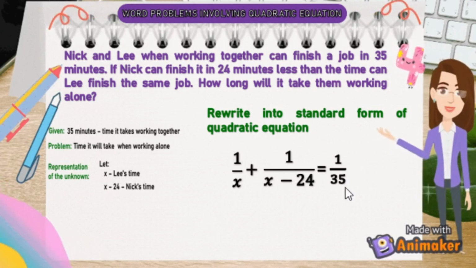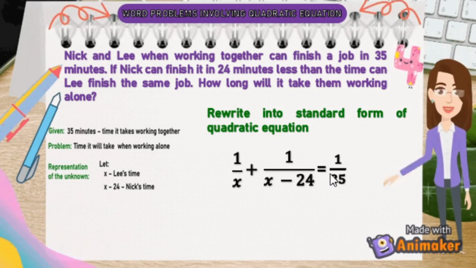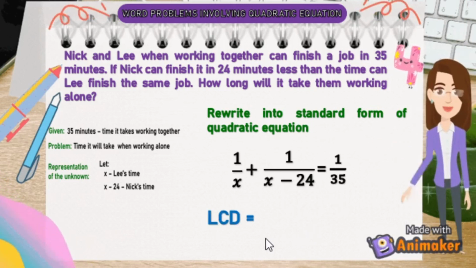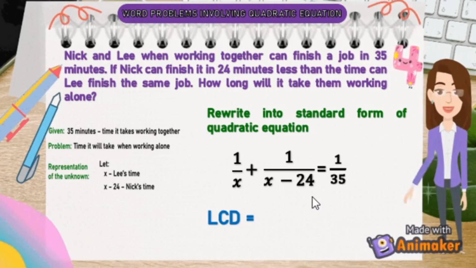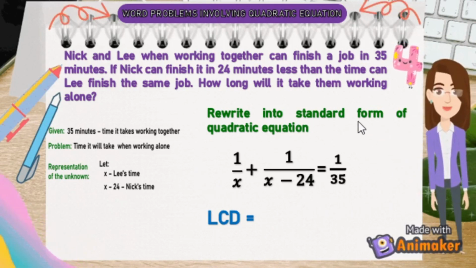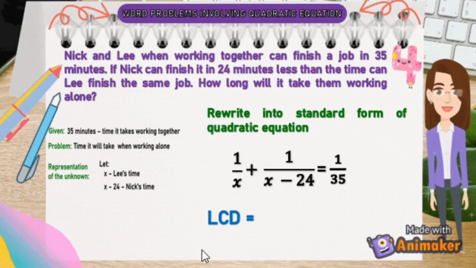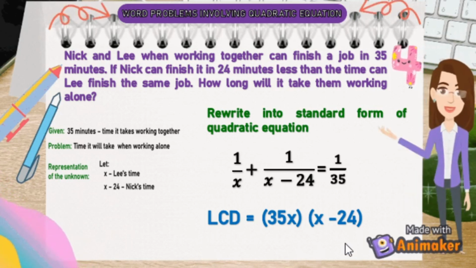Why 1 over 35? This is their time to finish when they work together. So, what is our LCD here? Since our equation is a rational algebraic equation, the LCD is 35x multiplied by x minus 24.